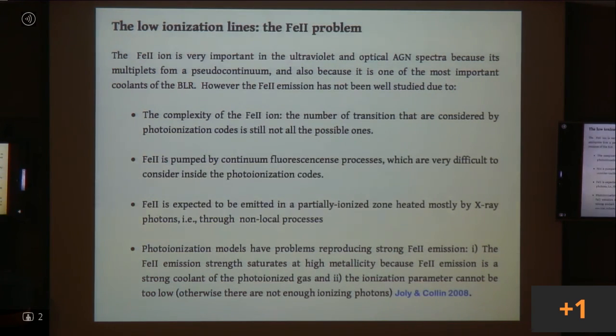So the photoionization models have problems producing the strong iron 2 emission because it's a strong coolant of the photoionized broad line region, and the ionization parameter cannot be too low because otherwise there will not be enough ionizing photons.